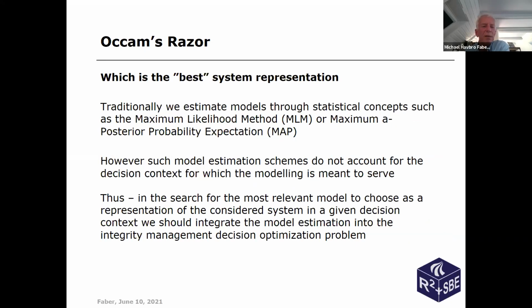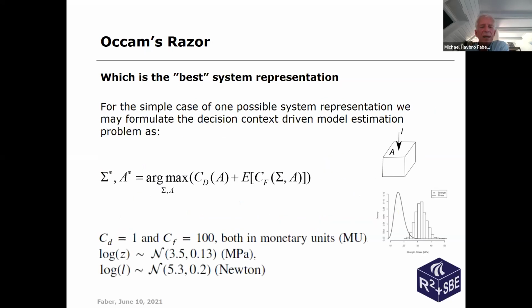Normally we use principles such as maximum likelihood methods or the maximum a posteriori probability expectation, or measures like traces of the inverse of the information matrix, as a means of identifying a good model. But such models are totally separated from the decision context, and the coupling to the decision context, I think, is the key to identify optimal models, and this is also key in maintenance planning.